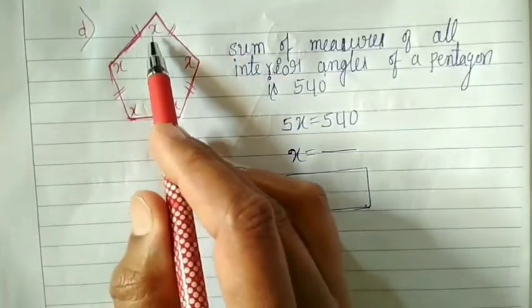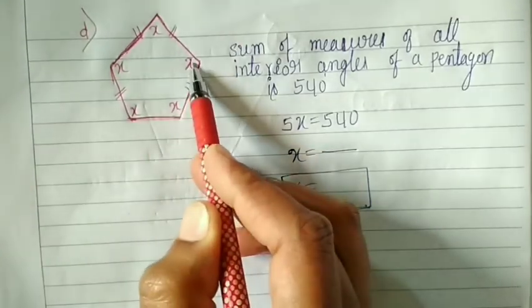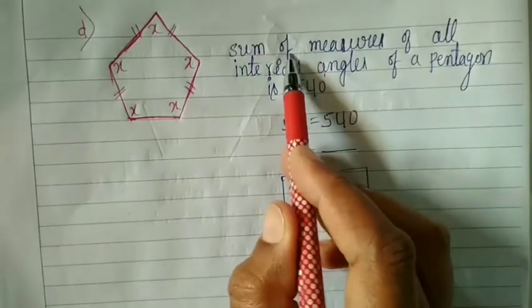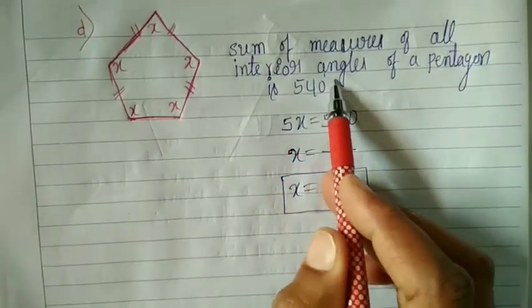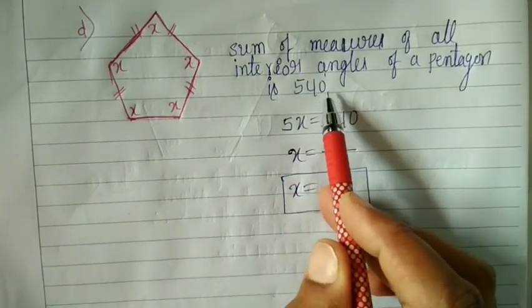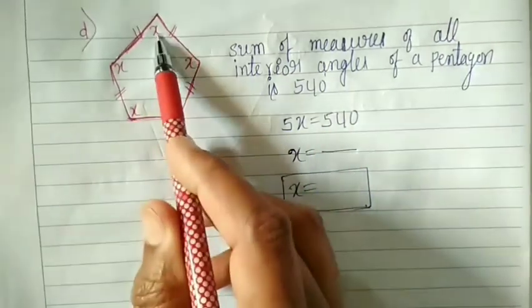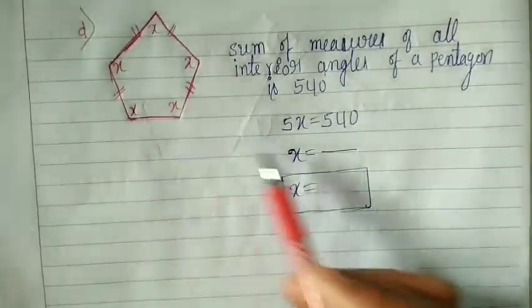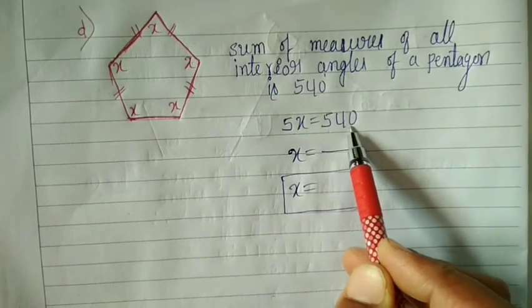This figure is a pentagon, and every angle is x. The sum of measures of all interior angles of a pentagon is 540 degree. Here 1, 2, 3, 4, 5. 5x is equal to 540.